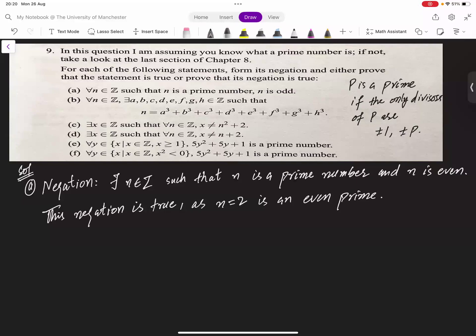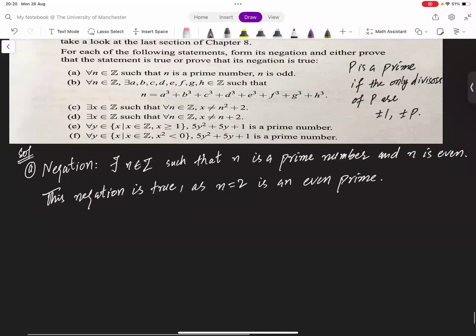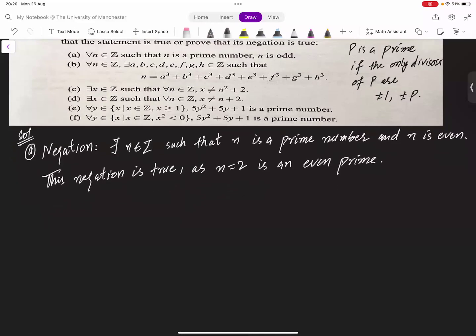Perfect. Part B says, for every integer n, there exist A, B, C, D, E, F, G, H in integers such that n is the sum of the cubes of all these numbers.